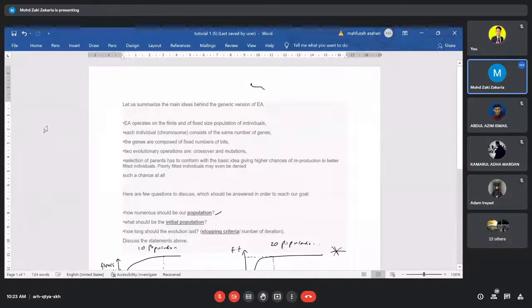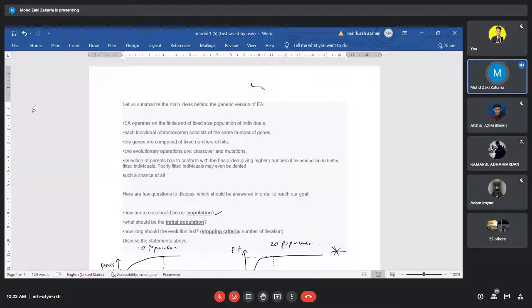And each individual chromosome consists of the same number of genes. For example, if we have 1 million individual chromosomes, the number of columns, segments or genes must be the same. For example, from chromosome number 1 to chromosome number 1 million, the number of genes is the same.